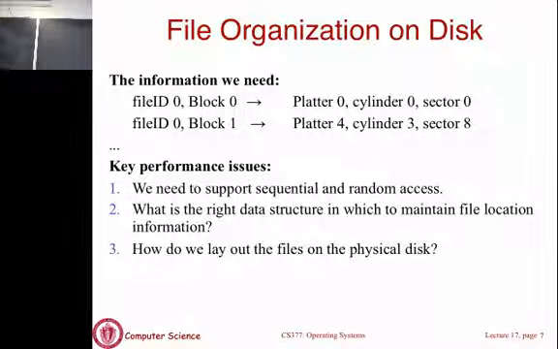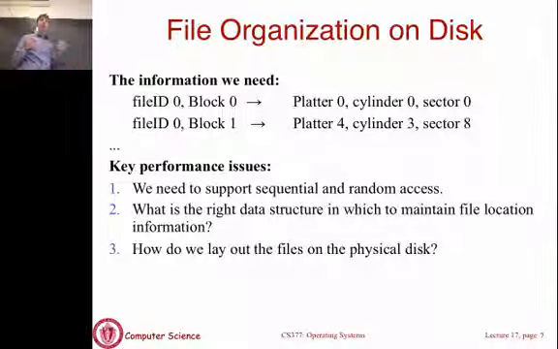Say the outermost track will have sector 0, sector 1, 2, 3. And then once we've completed one cylinder, move to the next one and say 4, 5, 6, 7, and so forth. So you can essentially assume that given the block number, we can very easily translate it to a track number and a sector number within that track.